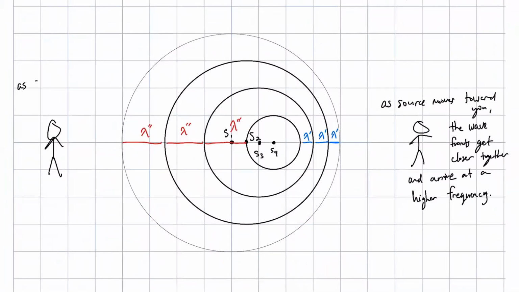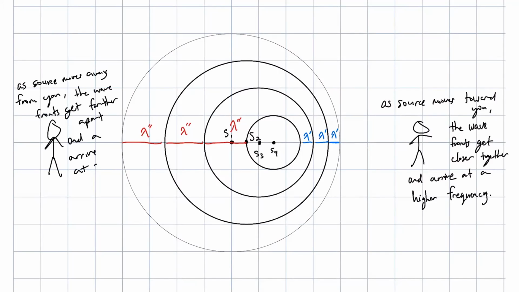So we could say, as the source moves away from you, sorry for my chicken scratch handwriting, the wave fronts get farther apart and arrive at a lower frequency. Right? So this is something that we actually experience all the time.